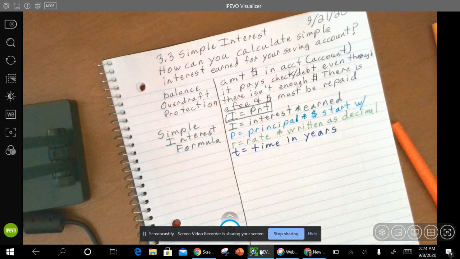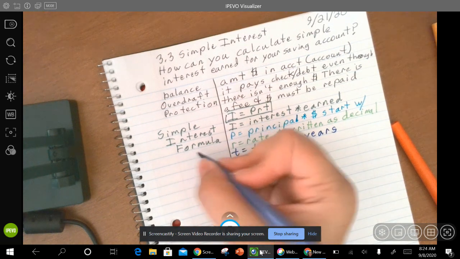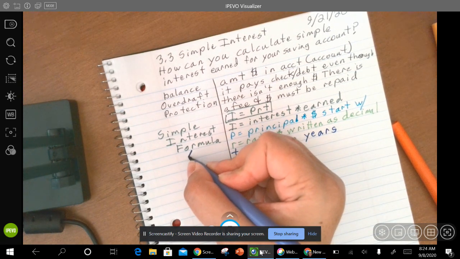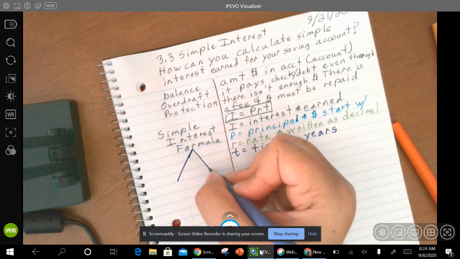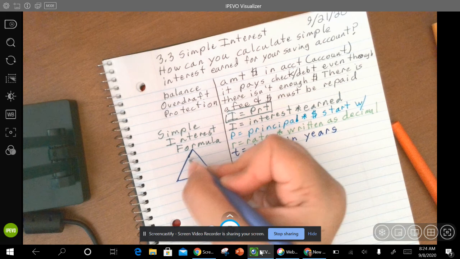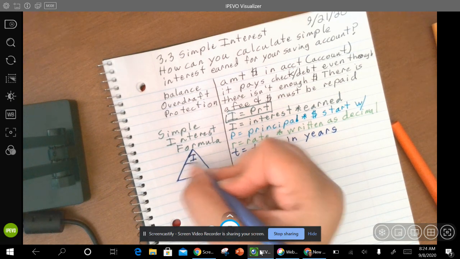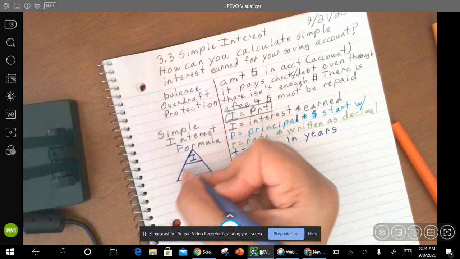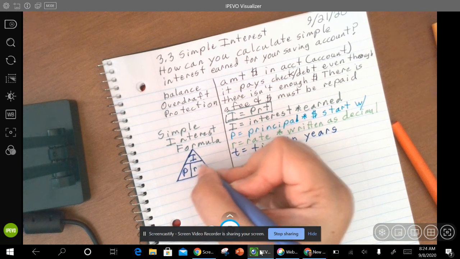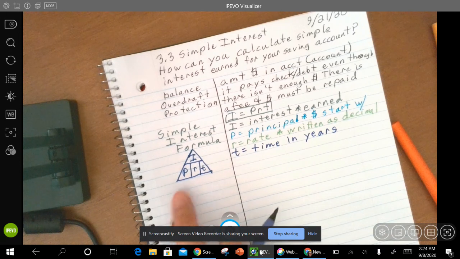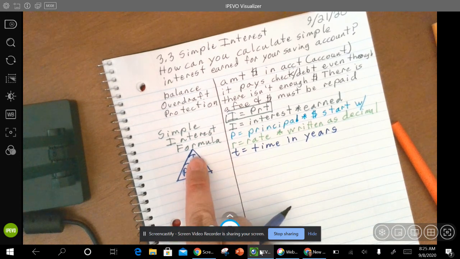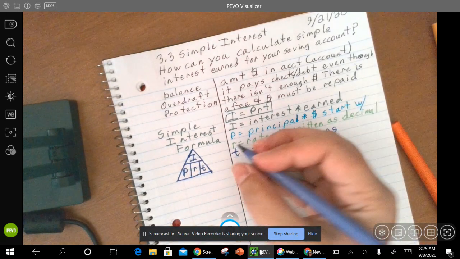So I also want you to think about the rearranged forms. If we're solving for principal, it's going to be the interest divided by the rate times time.